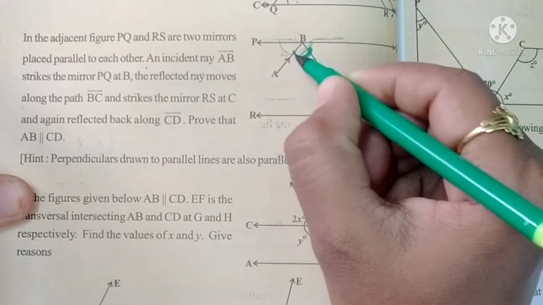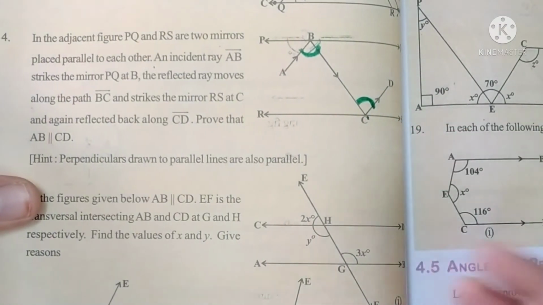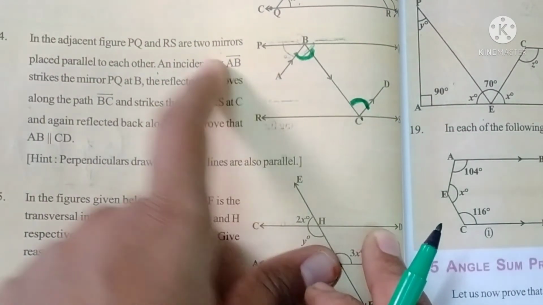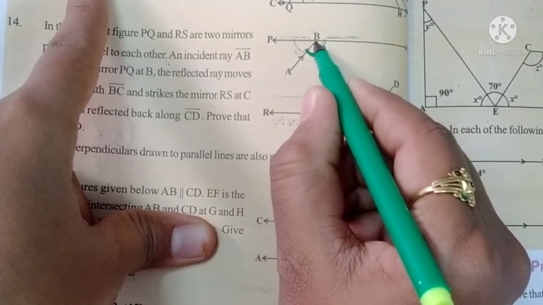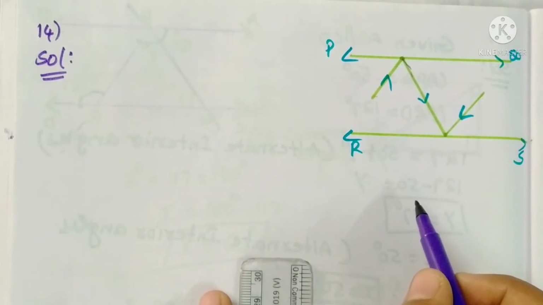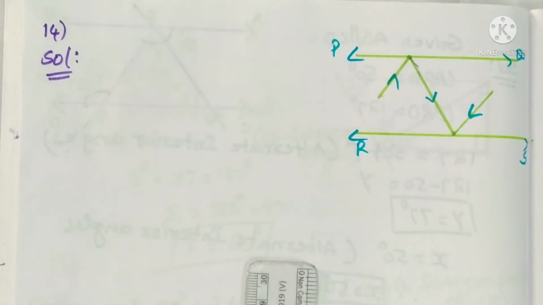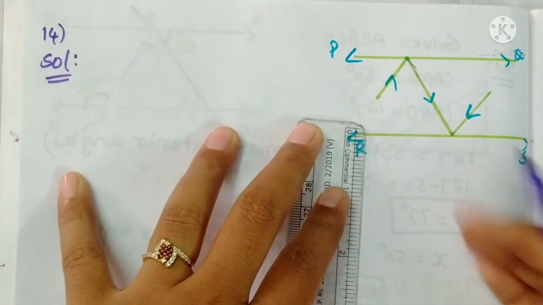To prove AB is parallel to CD, if we prove this angle and this angle are equal, then they are parallel because alternate angles are equal, na? Okay, so we'll prove now. In the problem, one hint is given. That hint is perpendiculars drawn to parallel lines are also parallel.